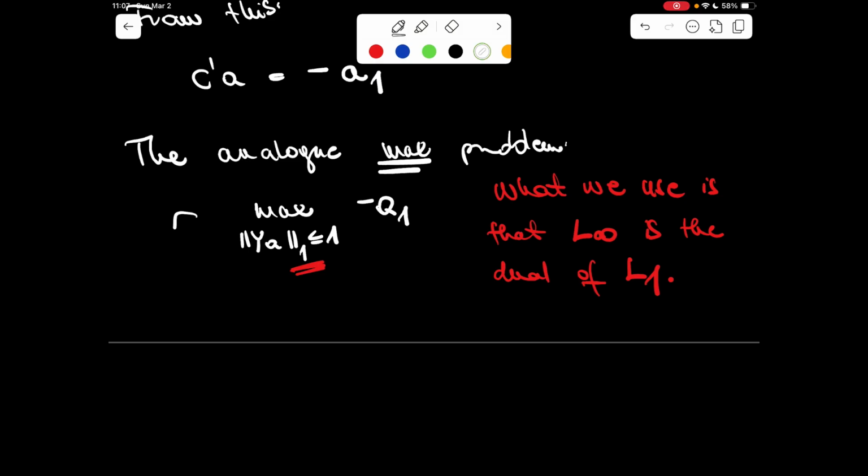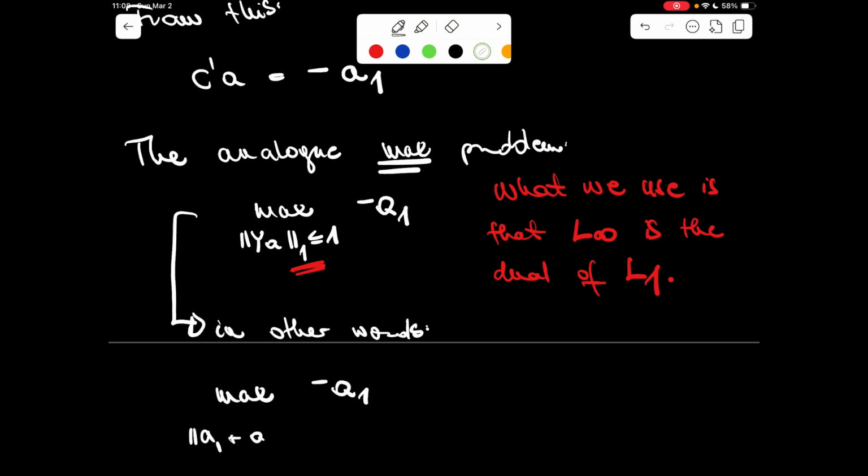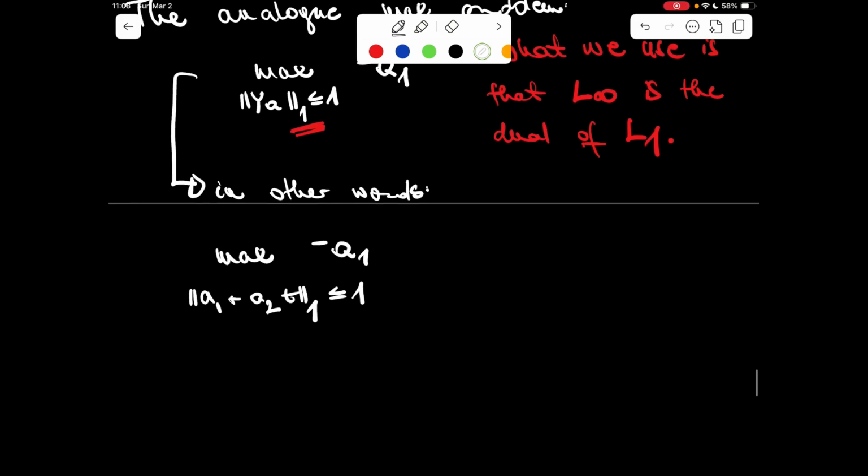So, in other words, we can also say that the problem is maximizing minus A1, supposing that the norm of this function is not higher than 1. What is YA?